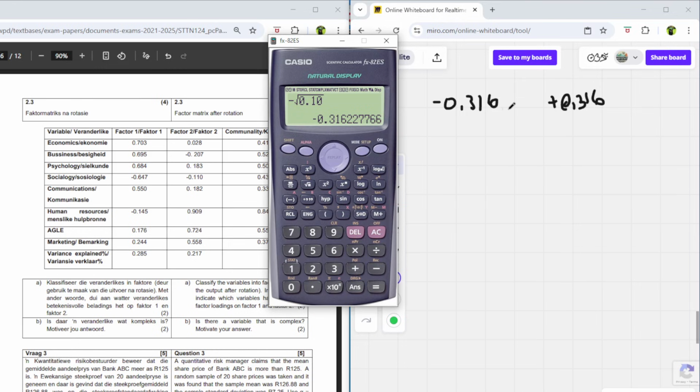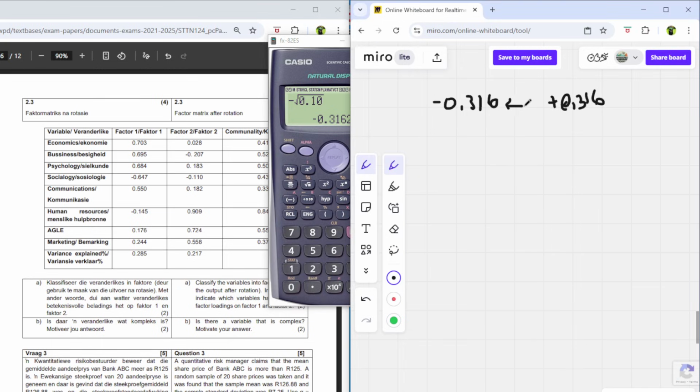So if a number is in between these, we say it's not significant. And if a number is this or more to the left, or this or more to the right, meaning the negative and positive side, then we say the factor loading is significant.